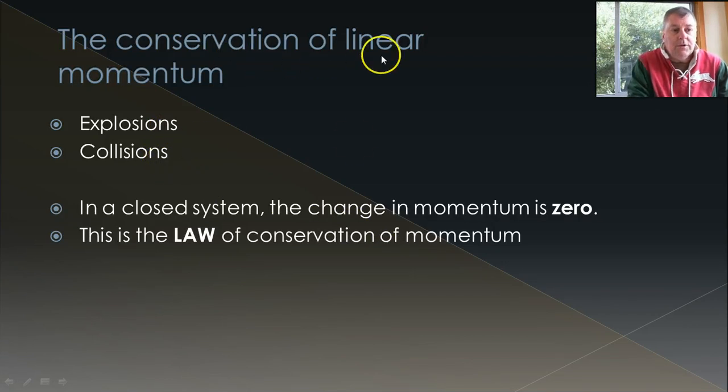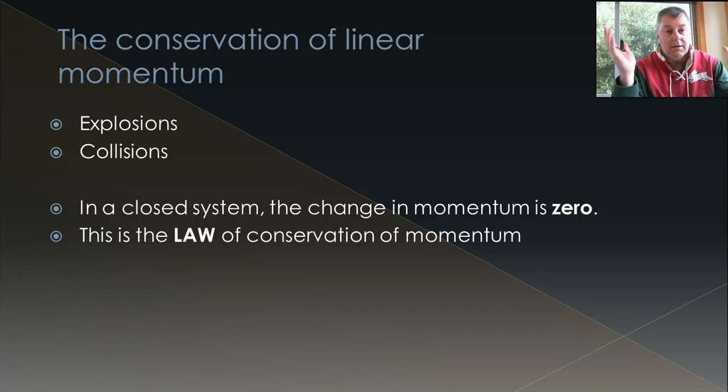Now, what do we mean by the conservation of linear momentum? Well, by conservation we mean that nothing is lost, and so we use the term a closed system. We're going to look at very simple explosions and collisions where you might take one thing and it blows apart into two things, or you take two things and they collide and stick together to become one thing. That's a collision.